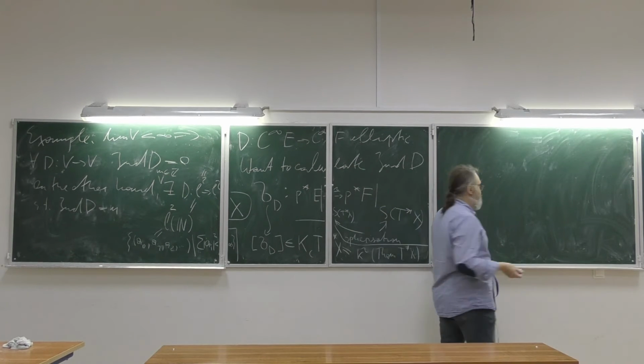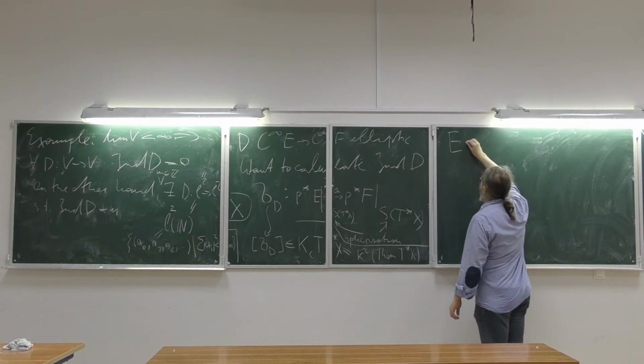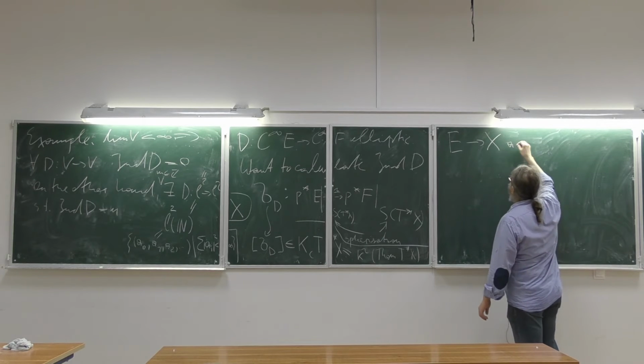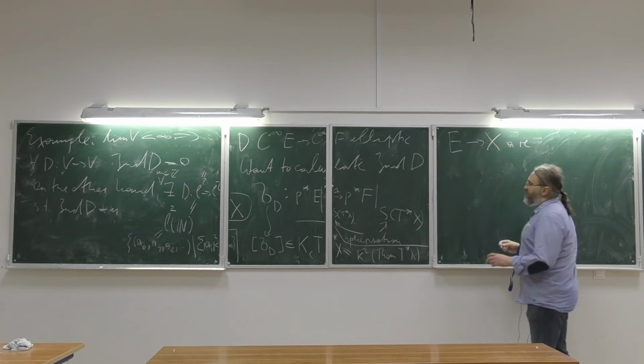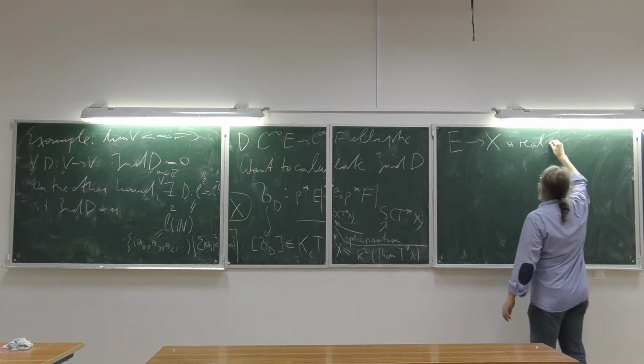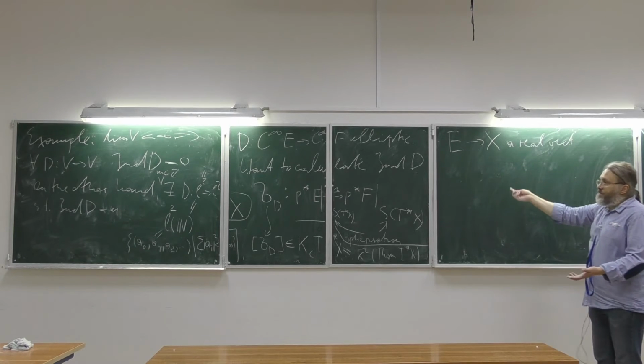The easiest one is, suppose we have a vector bundle. This time, let's take a real vector bundle, which means in particular it could be a complex vector bundle.